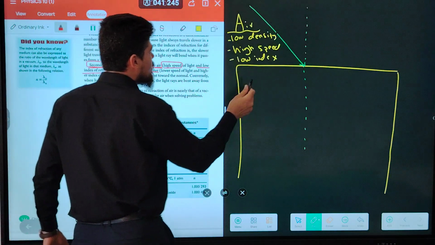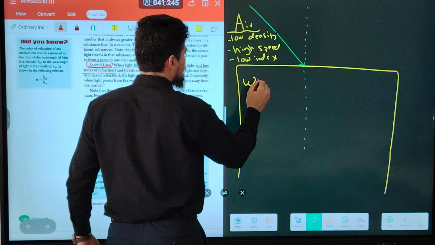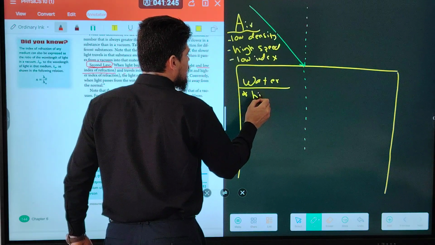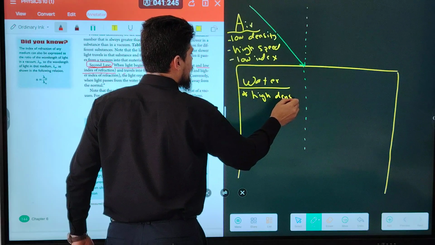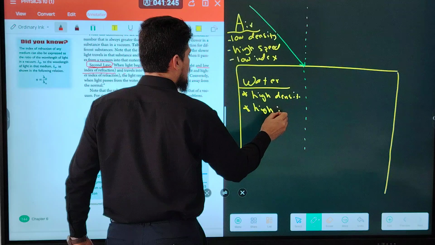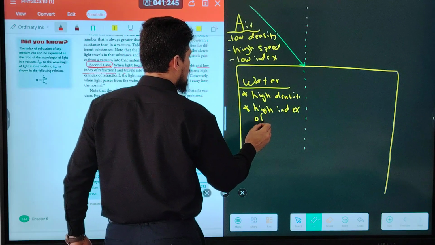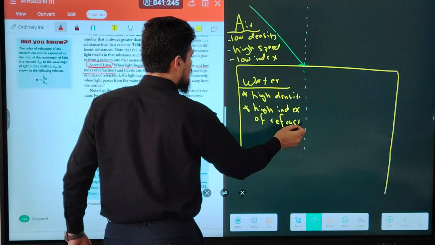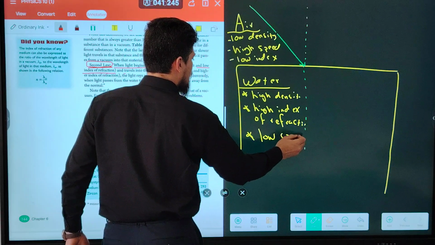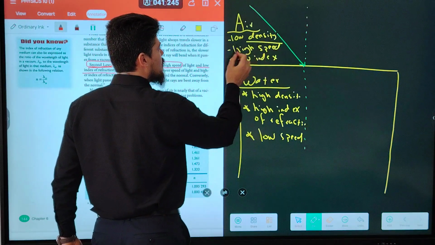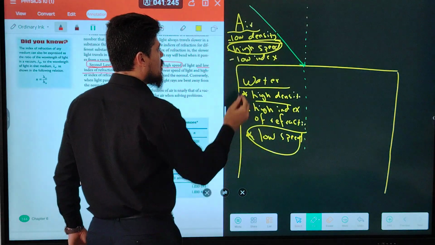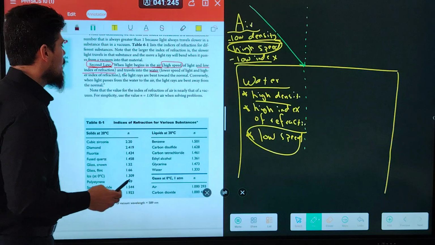It travels into water. Water has high density and high index of refraction, but low speed. So the light travels from high speed to low speed, low density to high density, low index to high index.